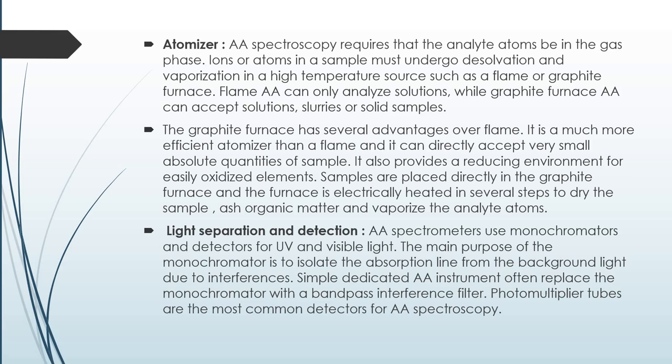Ions or atoms in a sample must undergo desolvation and vaporization in a high temperature source such as a flame or graphite furnace. Flame AA can only analyze solutions while graphite furnace AA can accept solutions, slurries or solid samples.